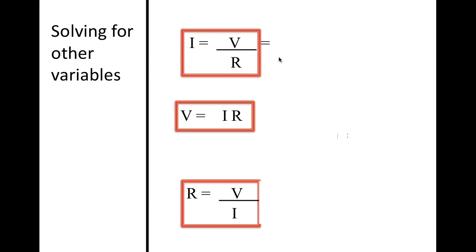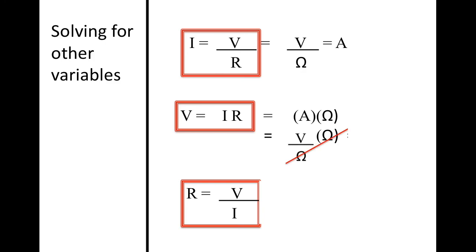One of the things that I just wanted to show you was what the units of measurement would be for each. When you're solving for current, the units of measurement will be volts per ohms, which we know is amps. When you're solving for voltage, and we have current times resistance, we have amperes times ohms, which we know that amps are volts divided by ohms.